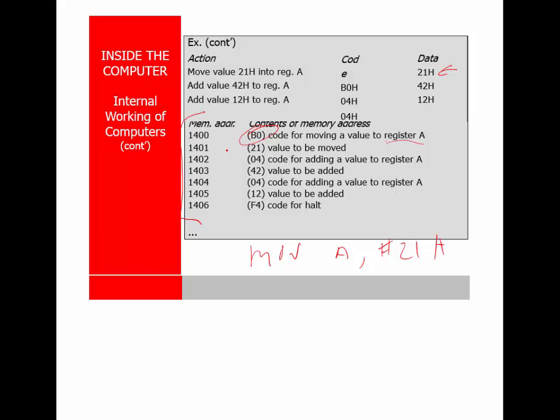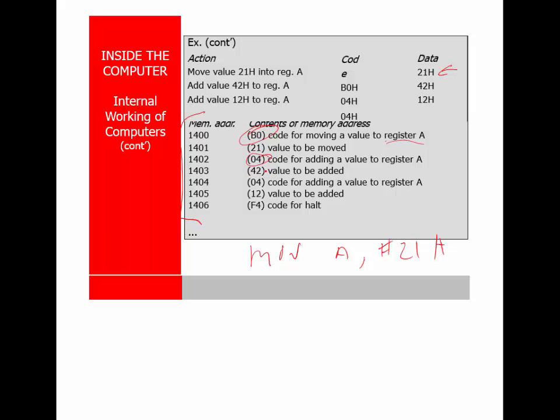That happens to be the magical code for move the following data, whatever is stored in the next location, into register A. Then the next one is the code for adding a value to register A, and the value to be added right there.